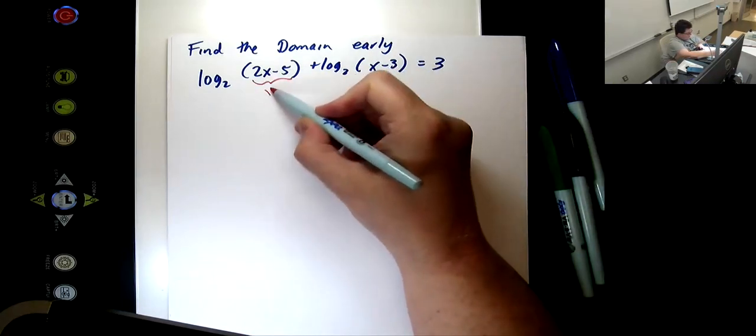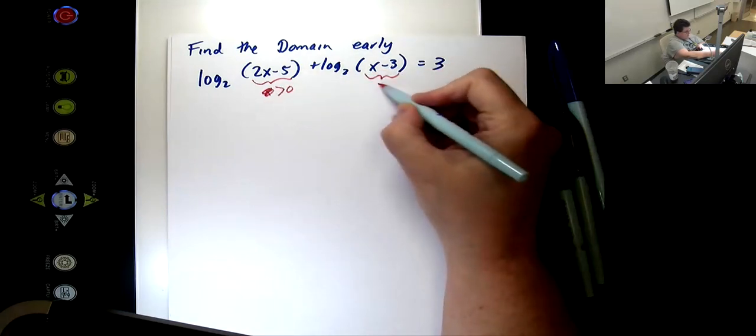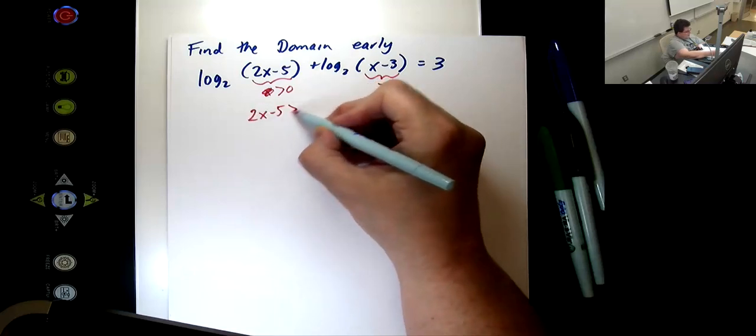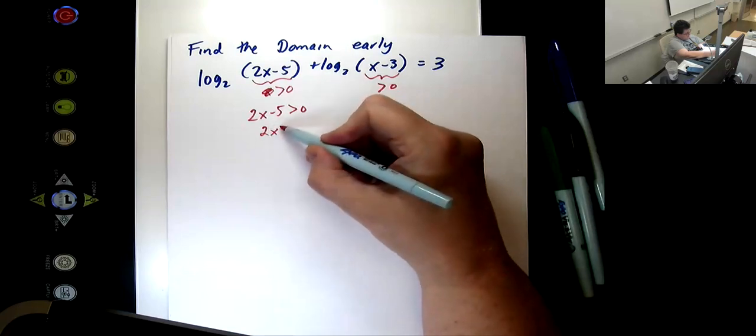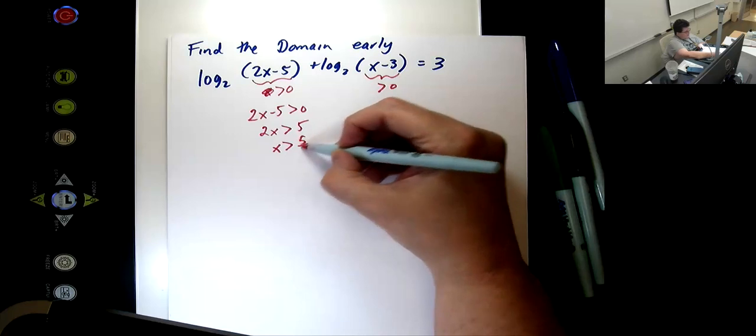This needs to be greater than 0, and this needs to be greater than 0. So just find out what they are. 2x minus 5 has to be greater than 0, so 2x has to be greater than 5. x has to be greater than 5 halves.